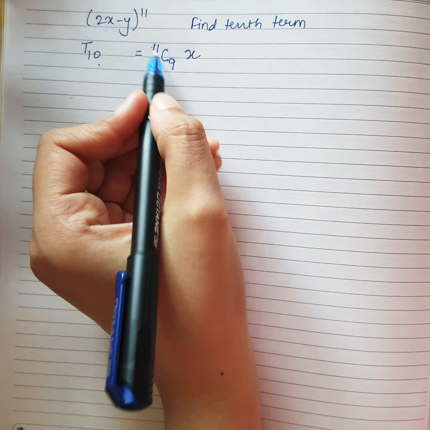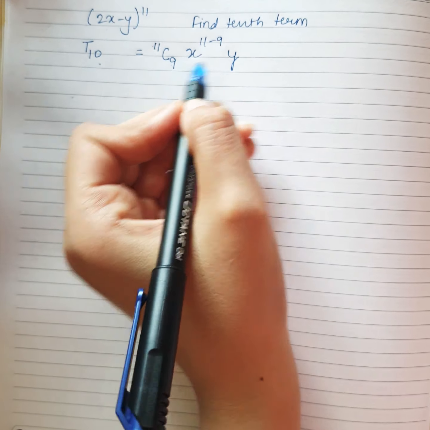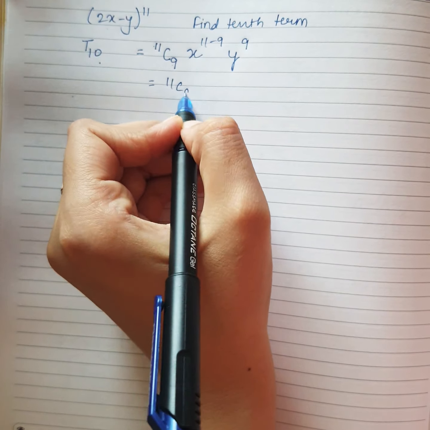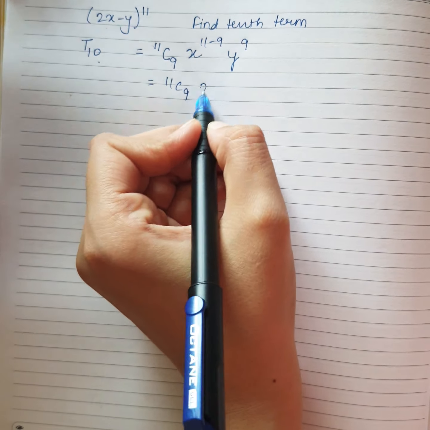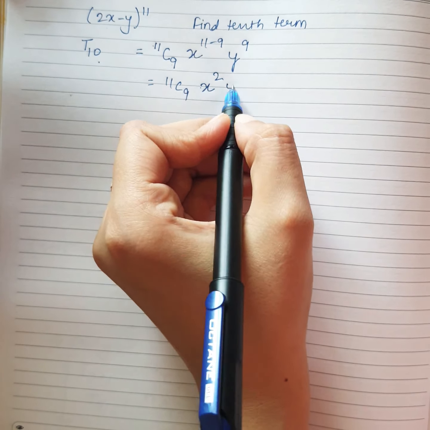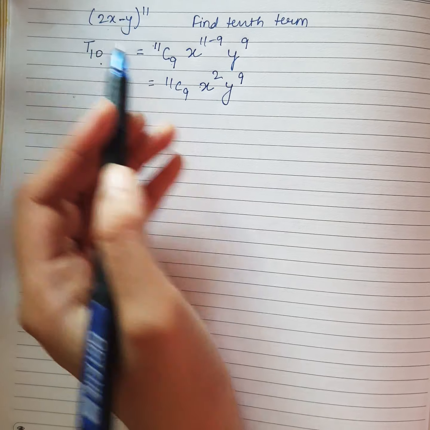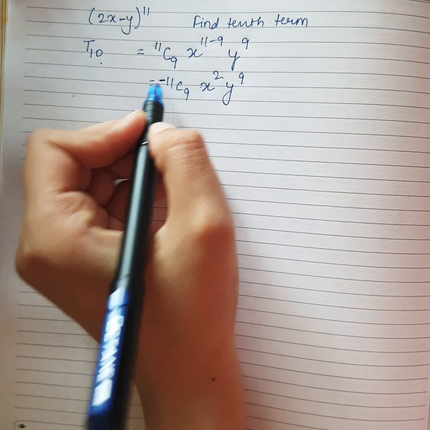Now the x power will be the difference, 11 minus 9, and the y power will be the lower suffix of C. So this is 11C9. We can solve it using the combination formula, x squared y to the power 9. Now since this is a negative binomial and y is having an odd power, this term has to be negative.